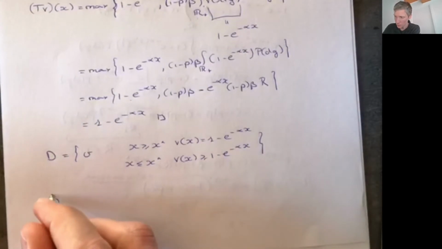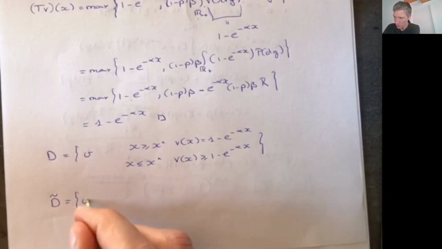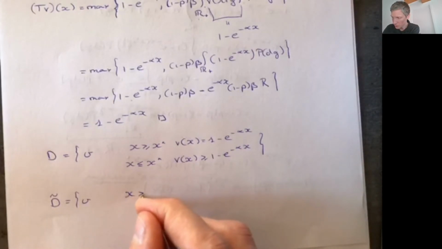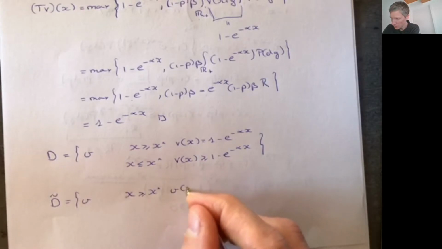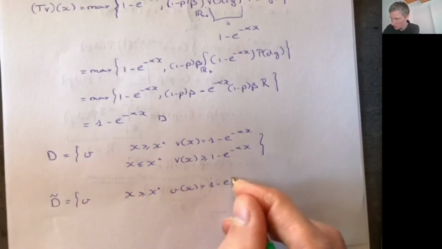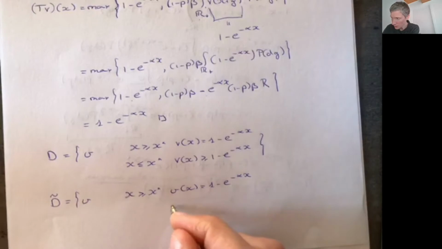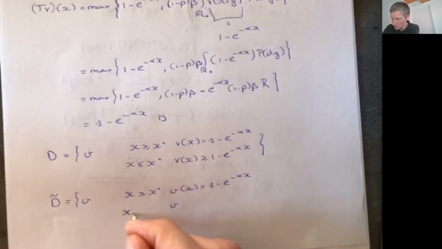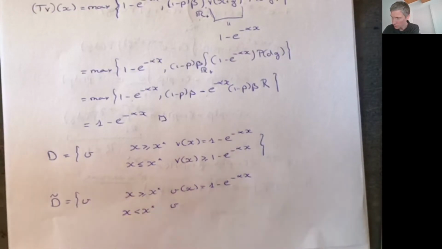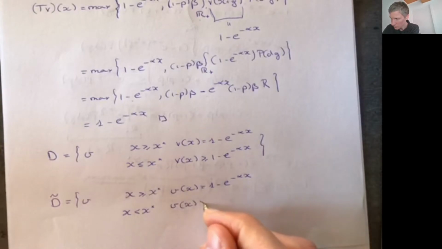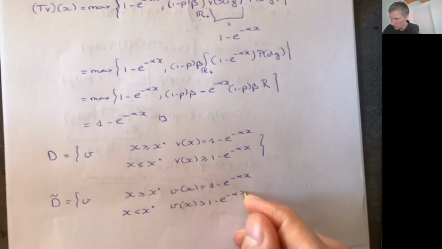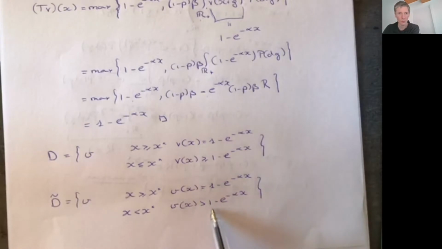And then I'm going to look at the set D tilde, which is all the value functions v such that if x is bigger than x star, then v of x is equal to 1 minus e to the minus alpha x. And if x is strictly smaller than x star, then v of x is strictly bigger than 1 minus e to the minus alpha x. So in other words, if x is smaller than x star, then v of x is strictly bigger than the payoff that I get when stopping. So this means that I'm going to continue.